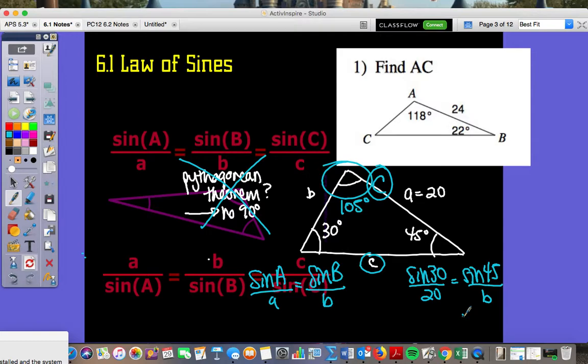Nicely done. And how'd you approach the next part? Cross multiply. Good. Then get b by itself. Divide by sine 30. Good. So when we do 20 sine of 45, do that first. Get that answer, then divide by sine of 30. What'd you get, Hannah?